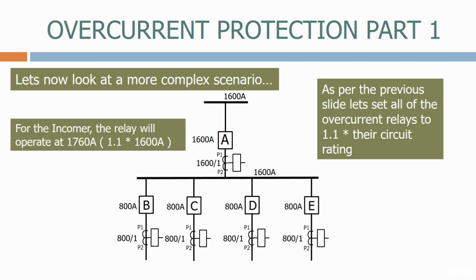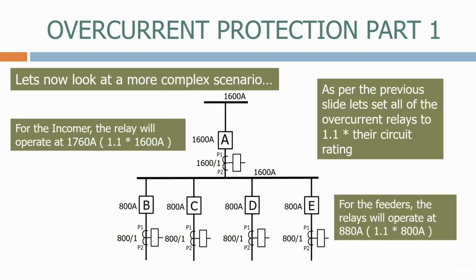For the incomer, the relay will operate at 1760 amps, which is 1.1 times 1600 amps, the circuit rating. For the feeders, the relays will operate at 880 amps, which is 1.1 times their circuit rating.